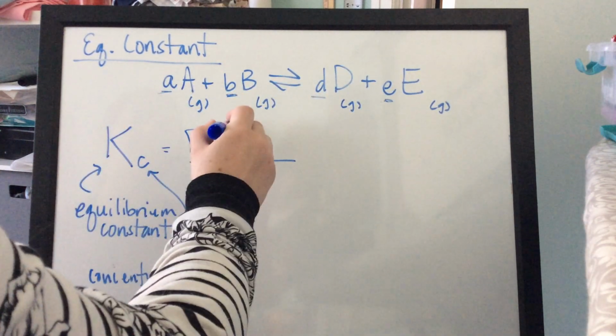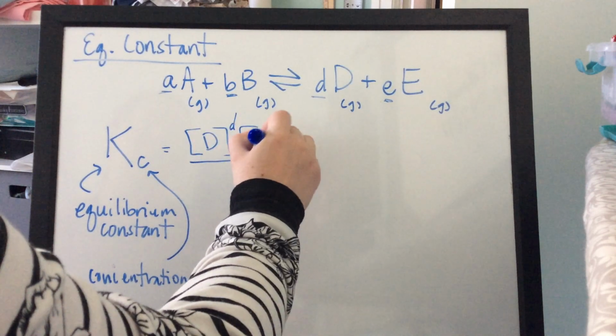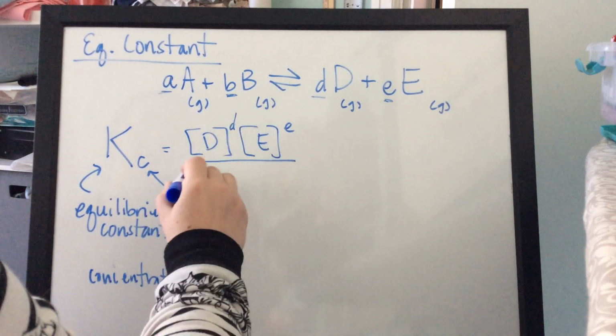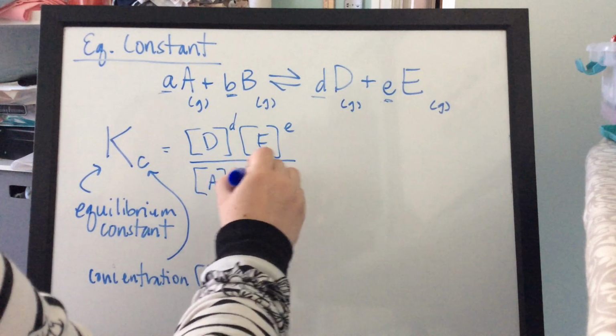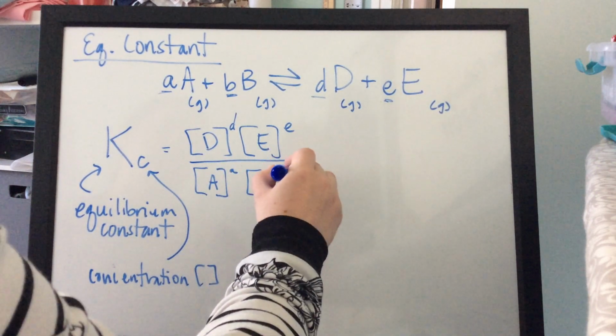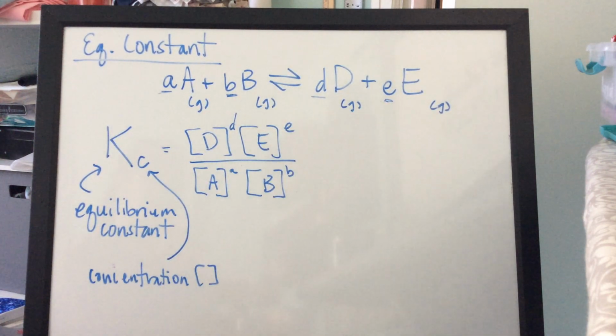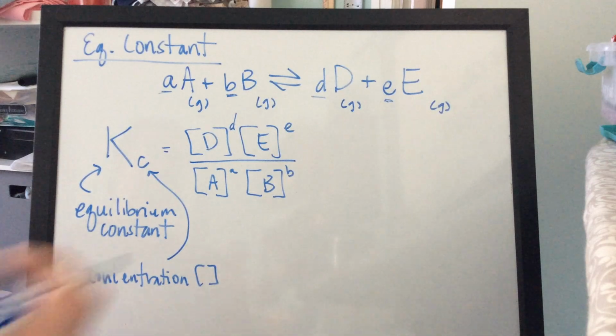So this would be D raised to the d power times the concentration of E raised to the e power over A raised to the a over B raised to the b. Okay, so the important thing to remember is that equilibrium constants are products over reactants every single time. So that's the generic way to do this.